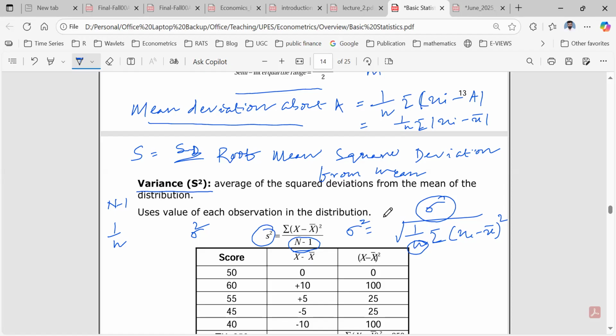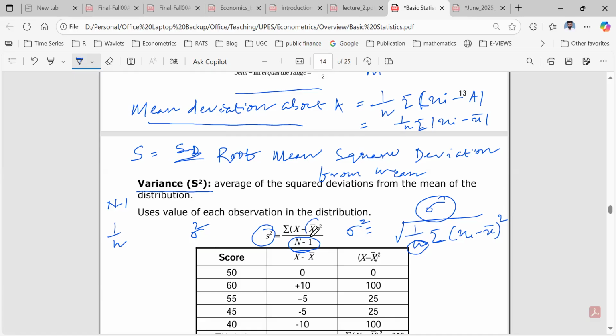Sir, this is the subset of n minus 1. Not subset, it's basically sample. Sample means basically you lost 1 degree of freedom. You have already calculated x bar.